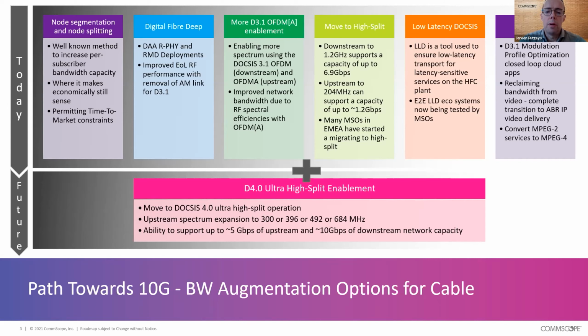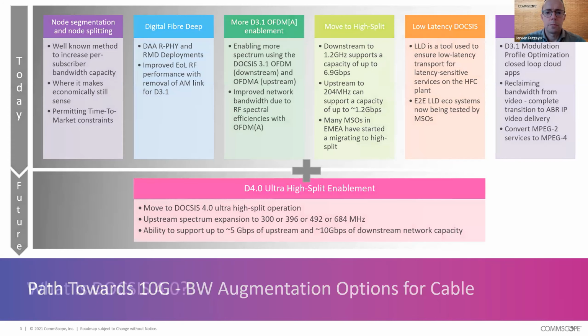It can really help operators to implement even greater capacity in the upstream and in the downstream: the upstream up to 5 gig and the downstream up to 10 gig. So that's obviously very substantial in this path to 10G.